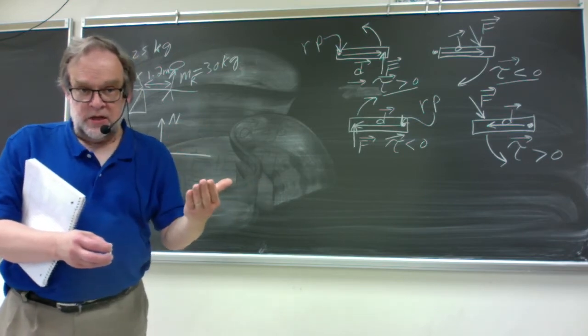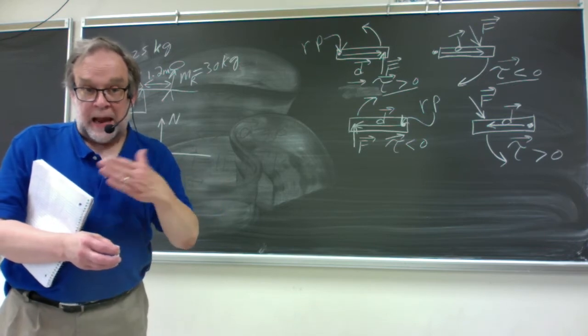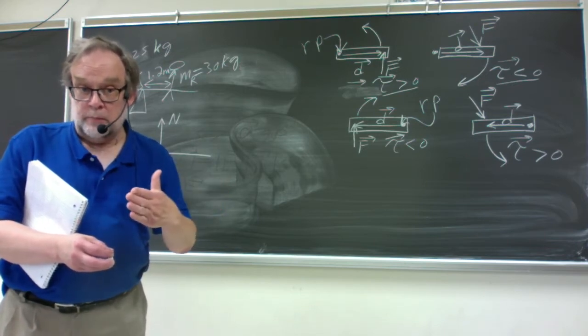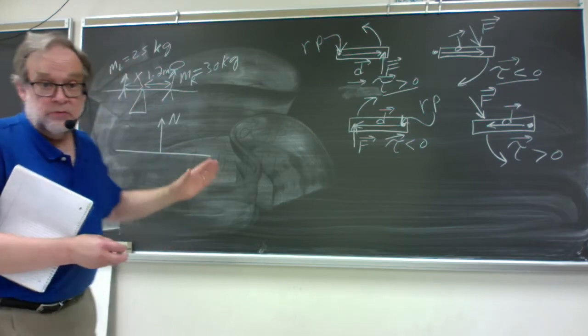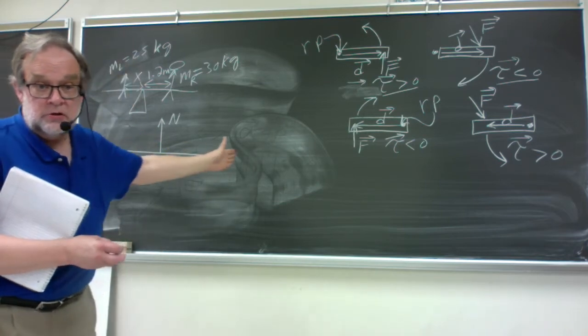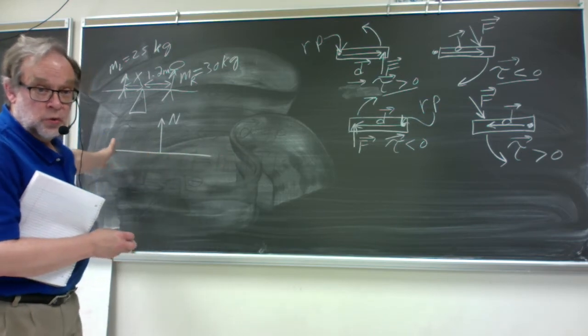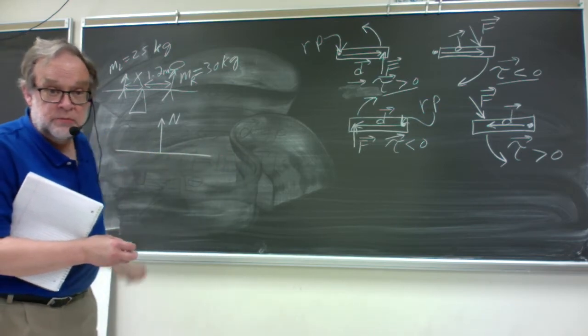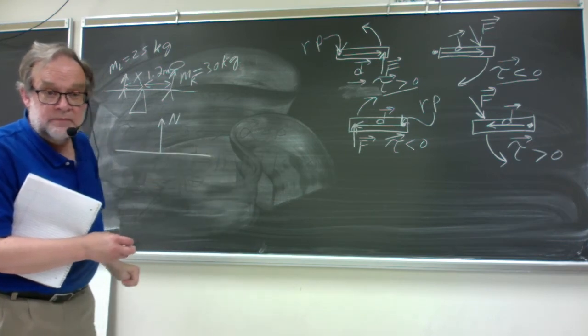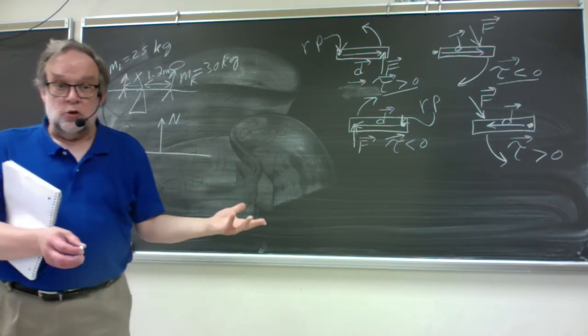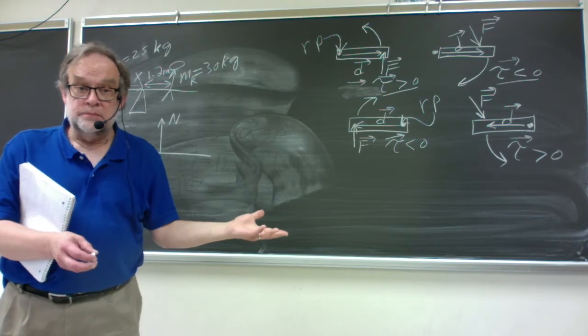It's easiest to think of the center of gravity as sort of the average location of all the mass, because when you look at it that way, you realize that if mass is evenly distributed along the whole volume of the object, right, same amount of mass on the left side as there is on the right side, then the average location of mass would be right in the center.